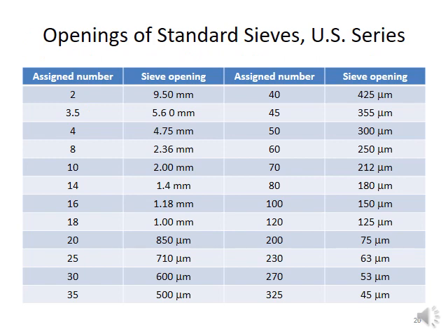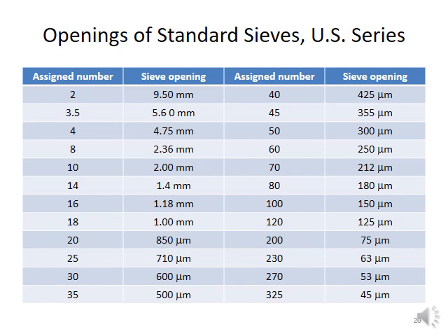This table shows the relationship between the assigned number and the size of the sieve opening. The assigned number is related to the number of openings in a certain area. Number 2 means that we have 2 large openings, and the size of each opening is 9.5 millimeters.